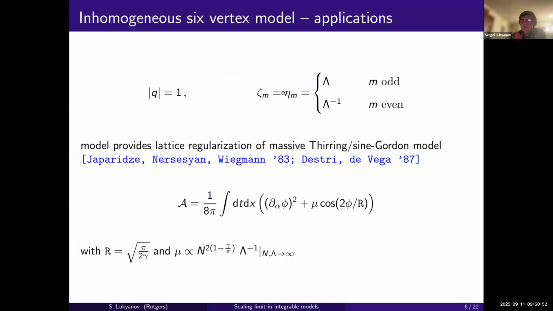In this case, the inhomogeneities should be taken to be real, and we have an alternating chain of inhomogeneities, lambda and lambda minus 1, for odd and even sites. And the parameter lambda would be related; in this case, the system is gapped.